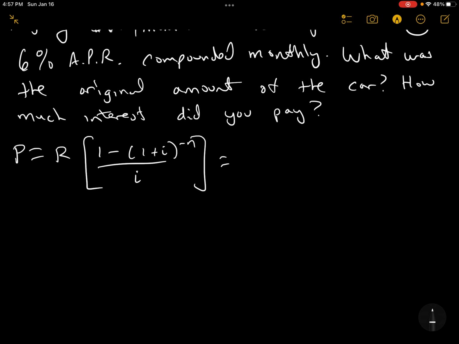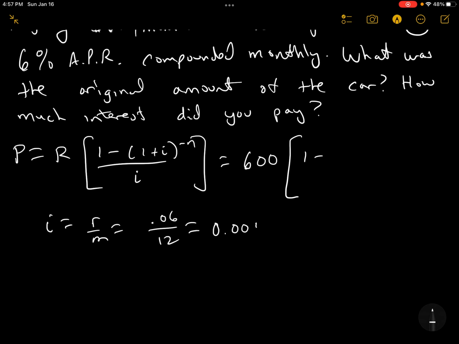So what did we do? We put in $600 monthly. And what is i? I'll make a little sub thing here. i is going to be r over m, which is 0.06 over 12, which is 0.005.